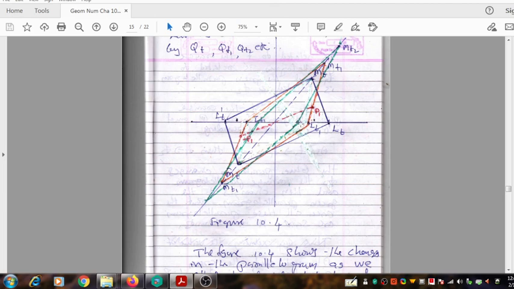And what is happening to this parallelogram? This parallelogram changes its shape to the orange parallelogram, and the orange parallelogram then further changes its shape to the green parallelogram.